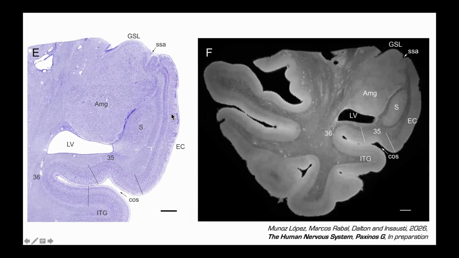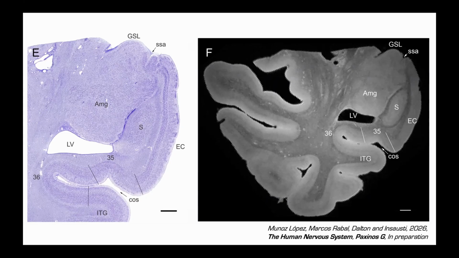So you can see very beautifully the entorhinal cortex in humans with all the layers and the lamina dissecans, and the perirhinal cortex, areas 35 and 36, with the collateral sulcus and the amygdala. I just thought I'd bring this because he was not only a master of understanding the cytoarchitectonics, but also of preparing these histological sections that were so beautifully done and clear.